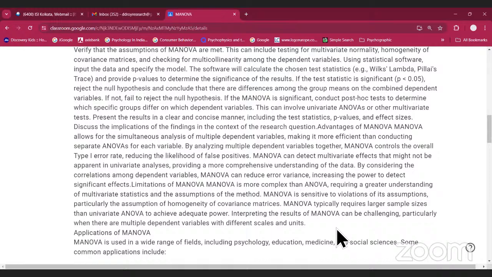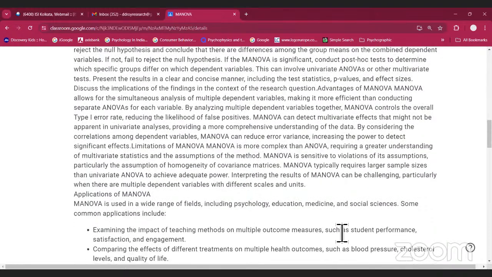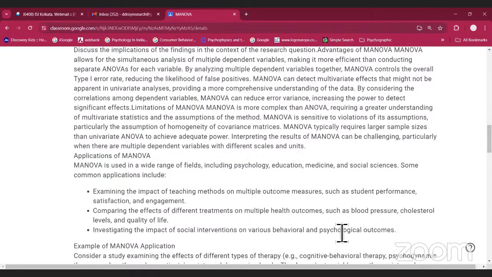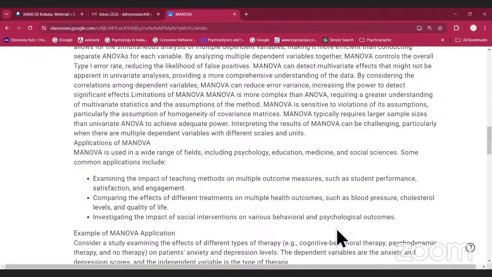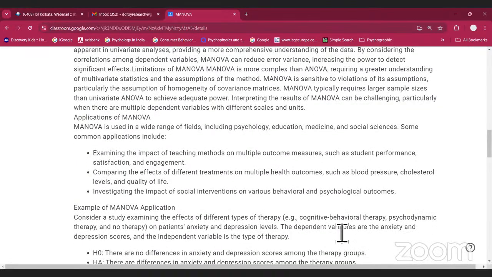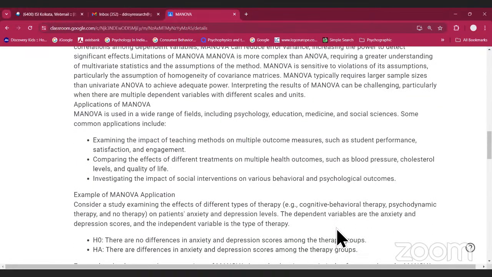Applications of MANOVA. MANOVA is used in a wide range of fields, including psychology, education, medicine, and social sciences. Some common applications include examining the impact of teaching methods on multiple outcome measures such as student performance, satisfaction, and engagement.